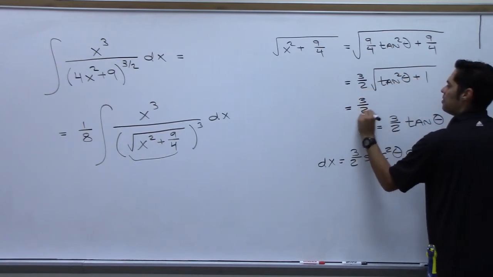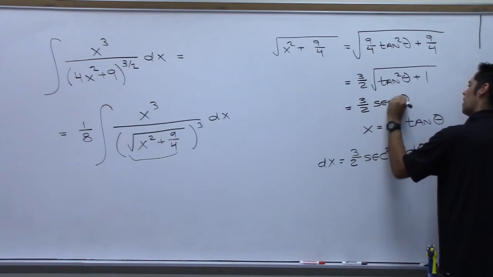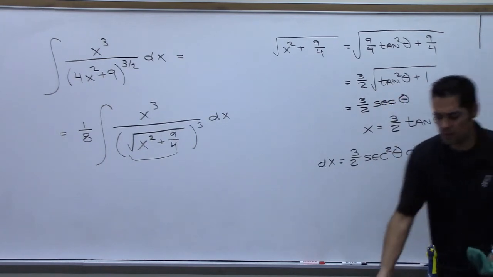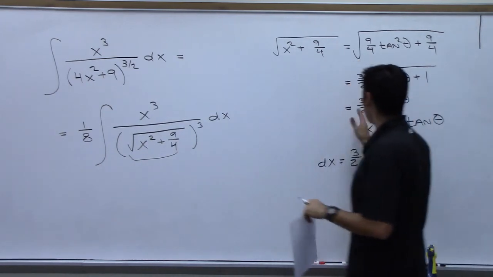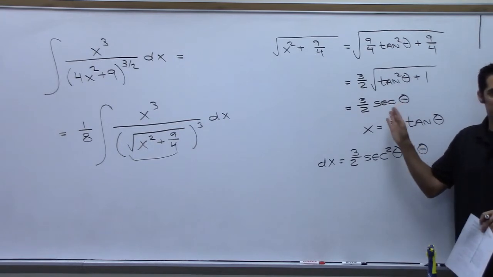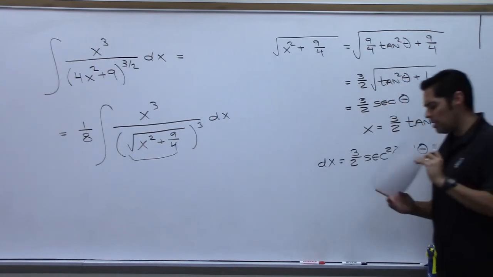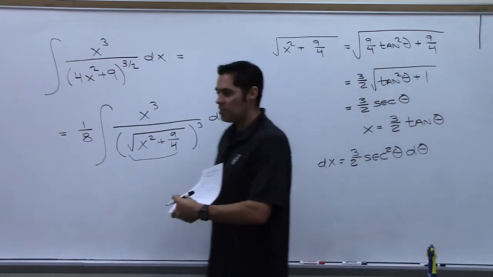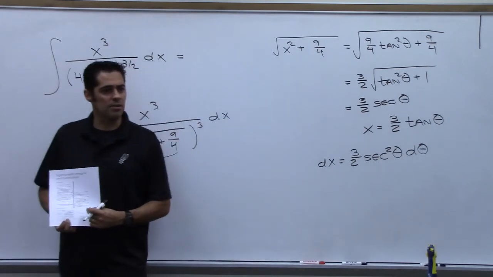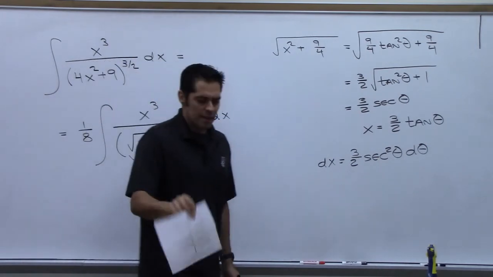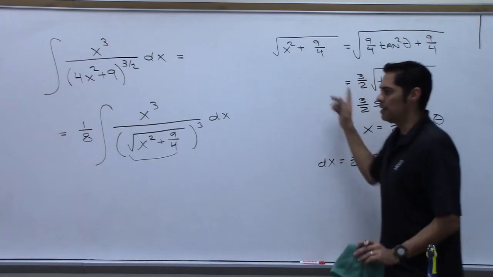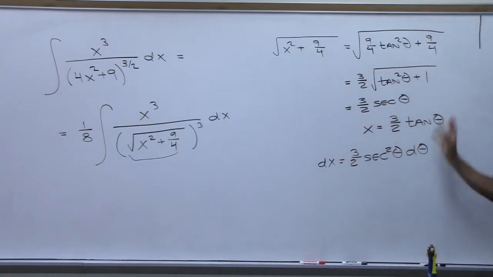So 3/2 secant theta. Now some formula sheets, have y'all noticed that the same thing keeps on popping out every time that we do this? Some formula sheets will actually tell you what the square root of all that junk is going to turn out to be also. I just think it's more constructive for you to do this because you can just get your algebra solidified a little more this way.